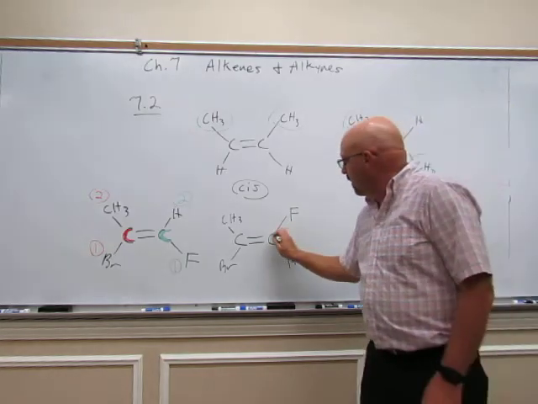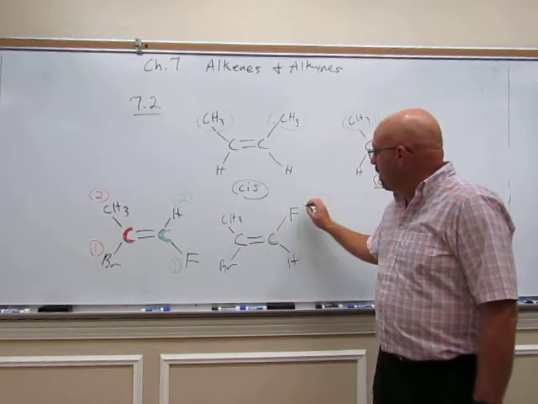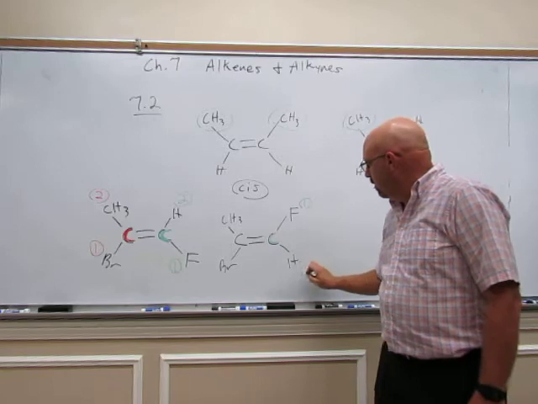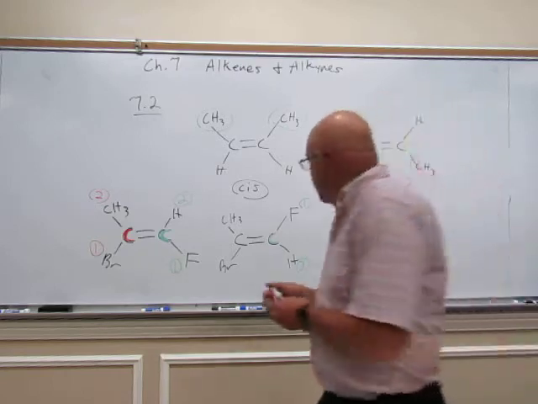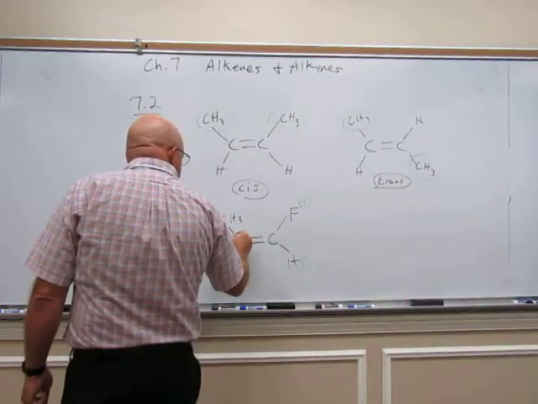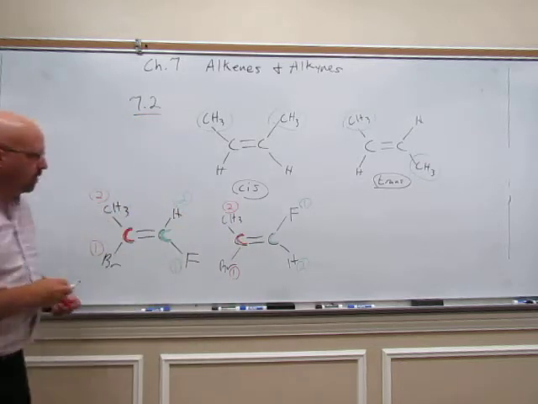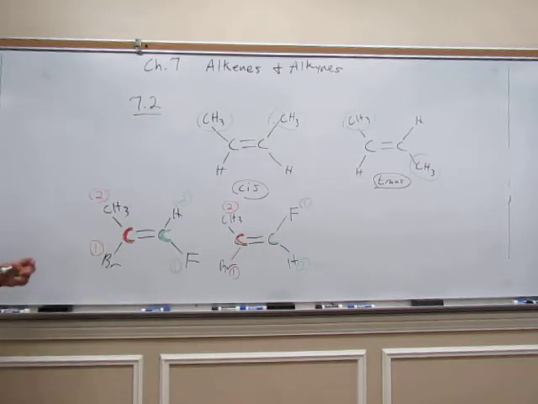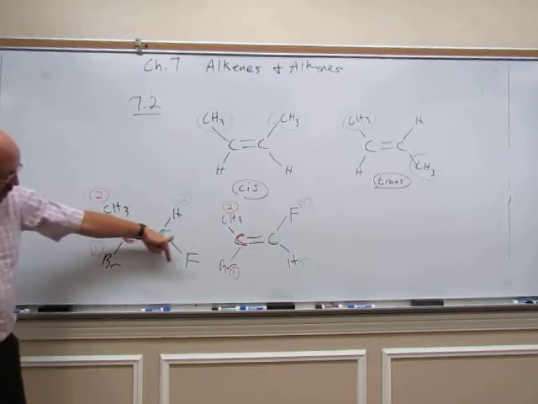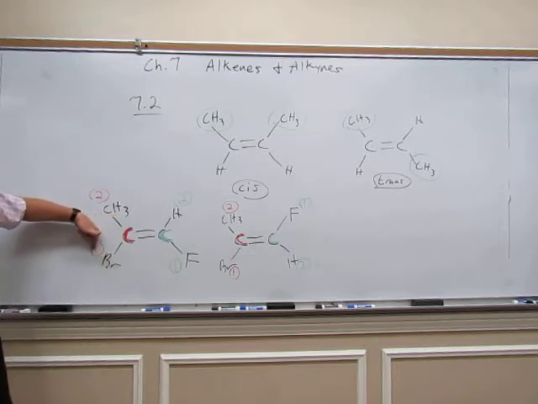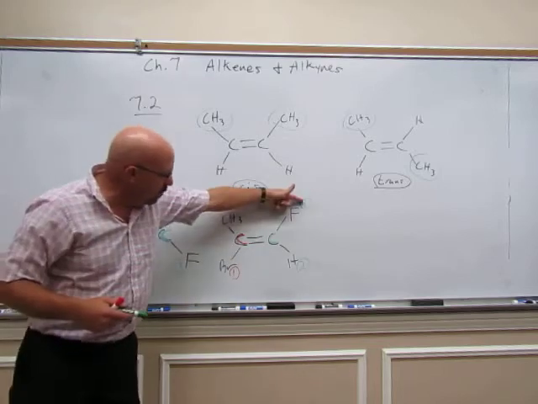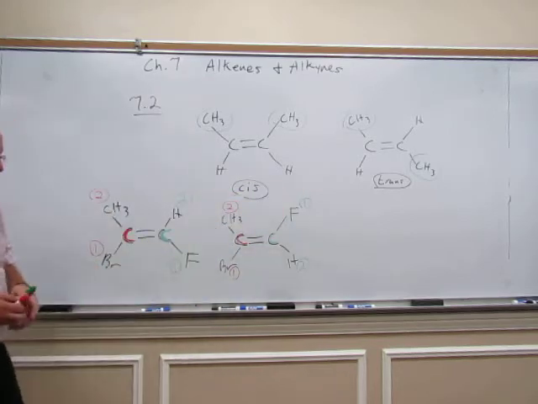And you can see that we have the same type thing going on here with the other one. I'll just go ahead and put it on here. But you can see the difference in the two. Here in the first one, the two top priorities are on the same side of the double bond, and here the two top priorities are on the opposite sides of the double bond.